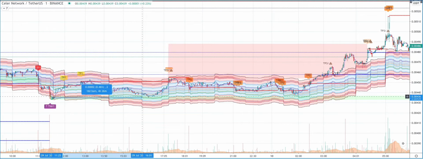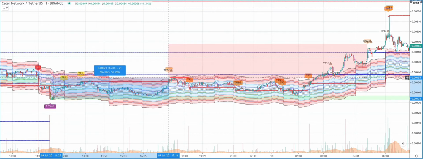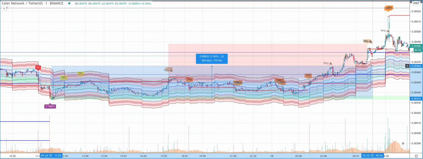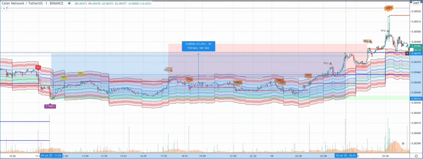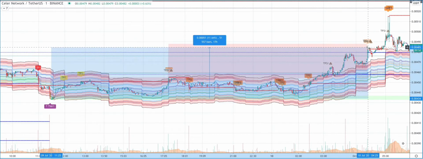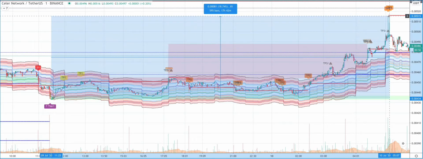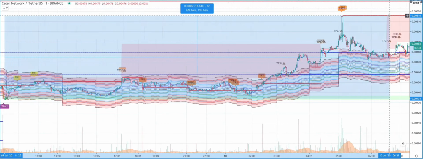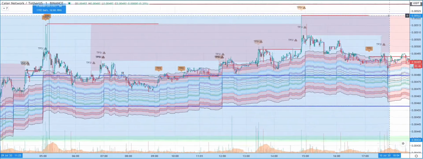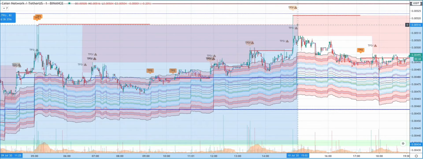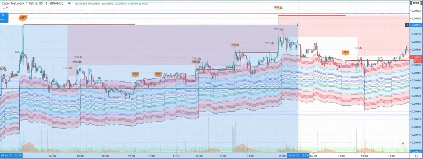A dip back down here, close to where we bought, and then a pop back up to 4.78% in 5 hours and 49 minutes. Ride it out, 10%, 11.64%, and up here at the peak, 18.84%. 18.72%.